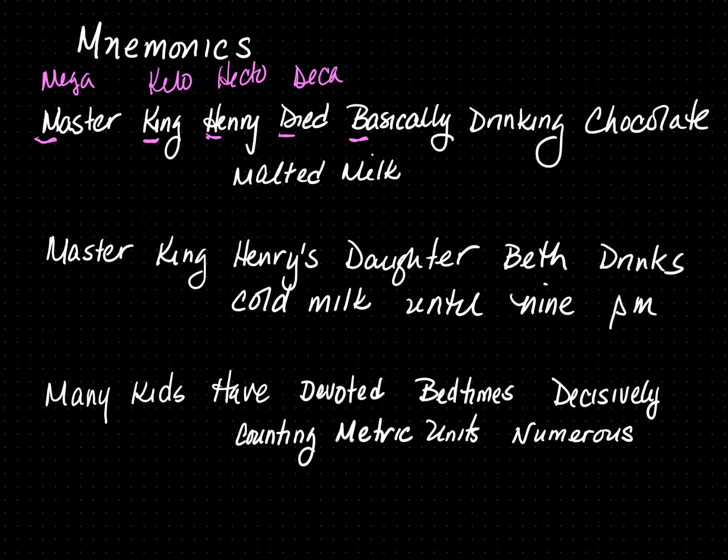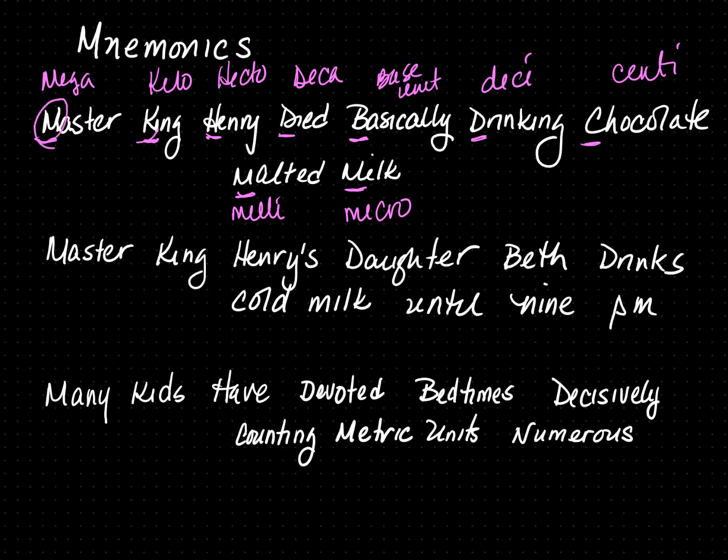B is the base units. Drinking, D stands for deci. C stands for centi. M stands for milli. M here stands for micro. So the first letter of each of these words represents the prefixes.